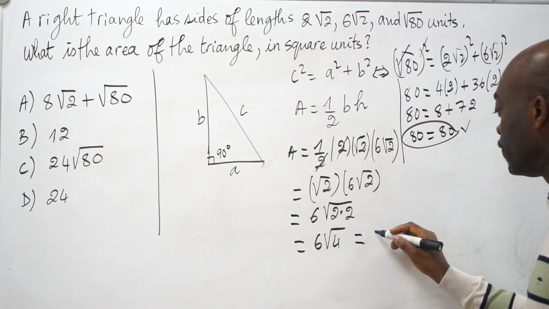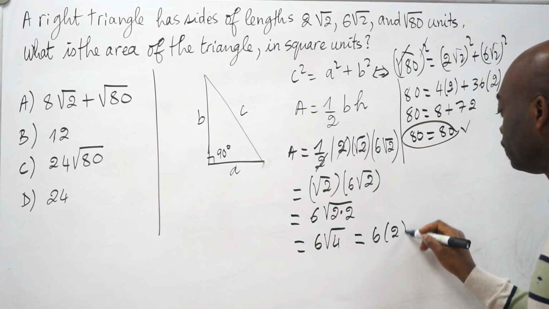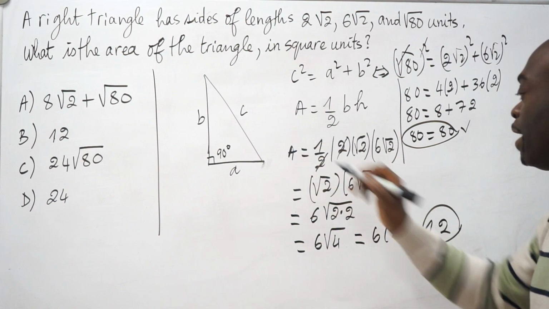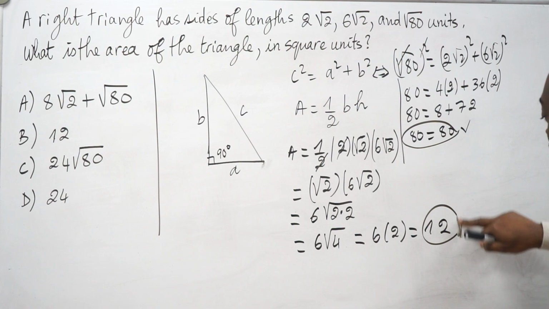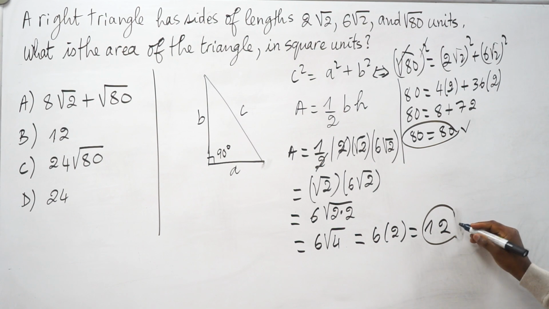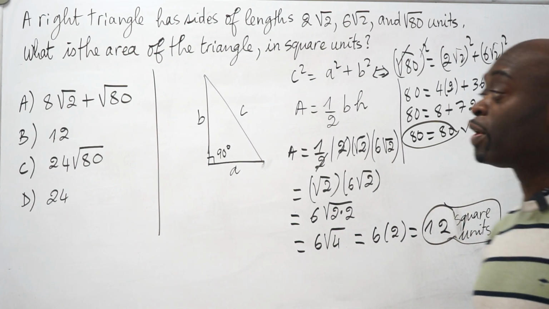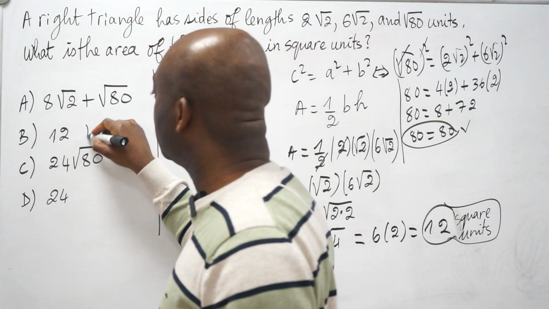So you end up with 6 times 2, which is 12. So your area is 12 square units. Which one is the answer here? That's B.